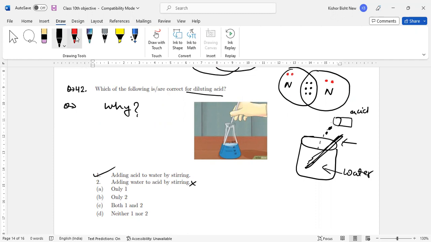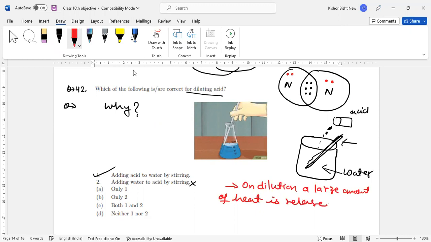They are asking why, because on dilution a large amount of heat is released, and that heat is absorbed by water.